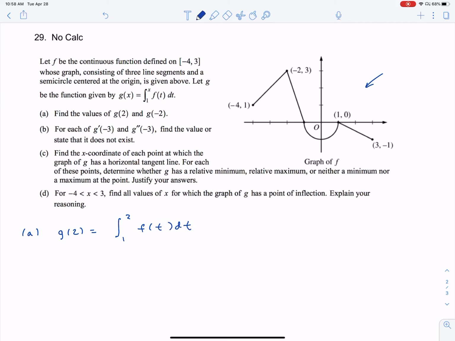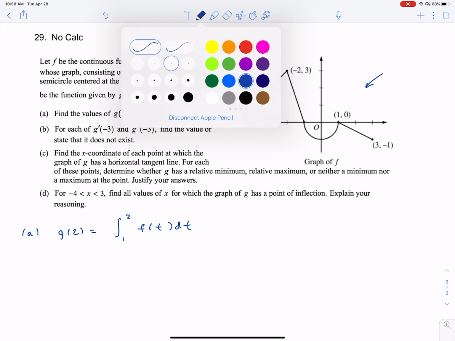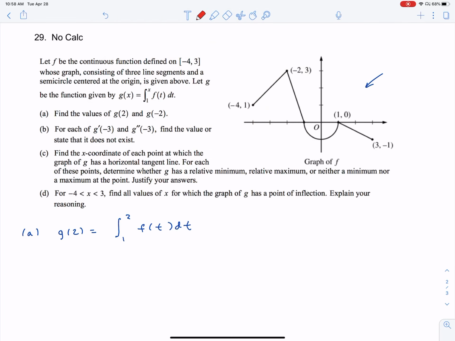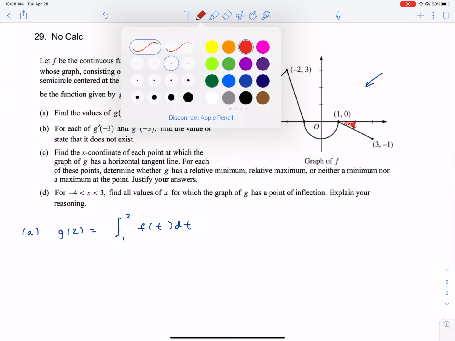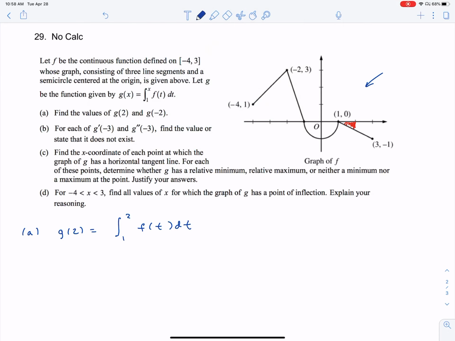So what are we going to do? We are going to find the area underneath the curve from 1 to 2. So in other words, I want to find the area of that little triangle. And I do need to make note that it's below the x-axis, so it's going to be negative. There's a couple ways I can approach that.